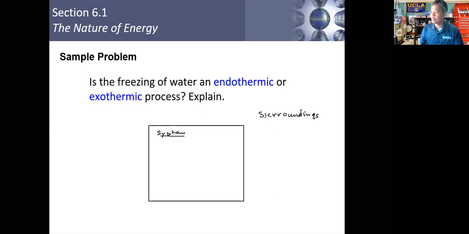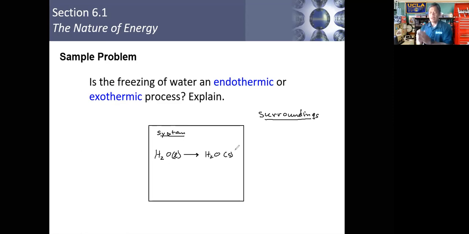The process that we're examining here is the freezing of water. So let's write out that process. Our reactant is going to be water in the liquid state. We're just going to write this in the form of a chemical reaction, but obviously this is a physical process. That's going to be water turned into ice, which is a solid state.